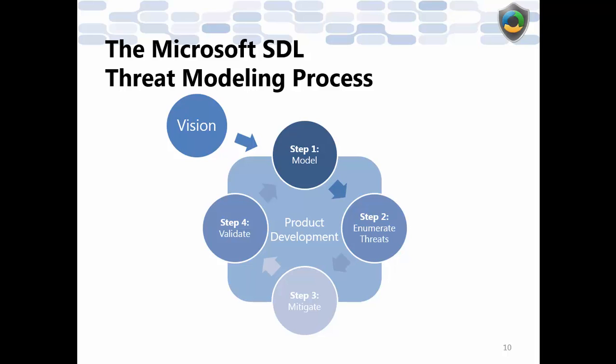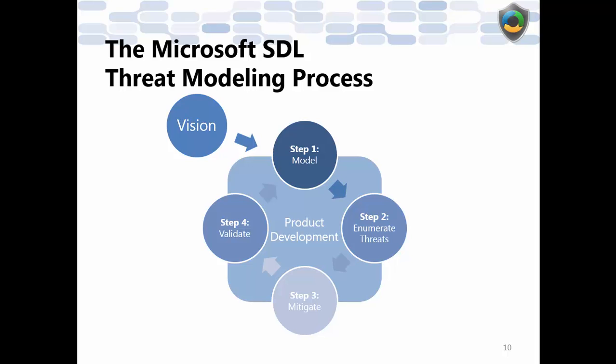In the first step, application designs are modeled or expressed as data flow diagrams, or DFDs. Again, a DFD is a hierarchical, typically graphical representation of the flow of data within the system.